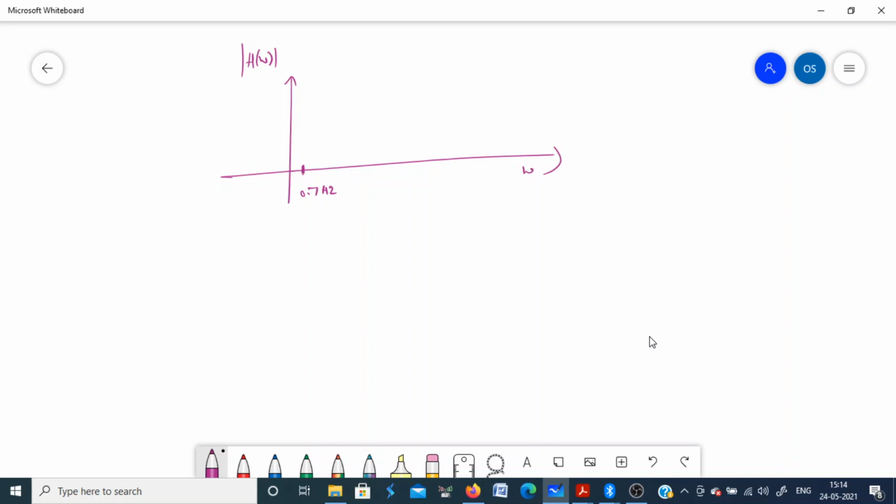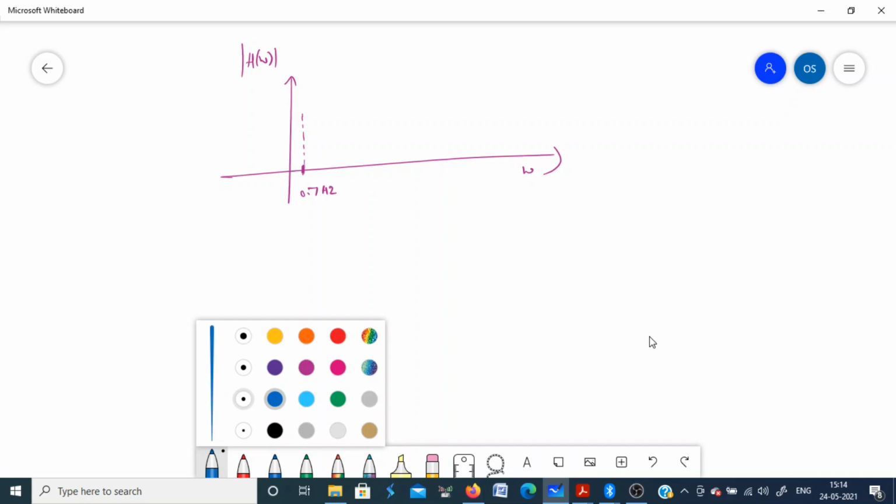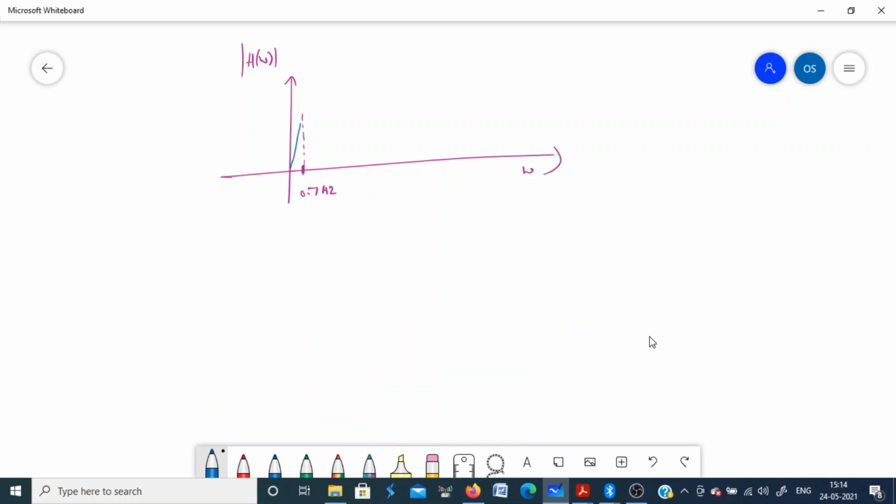So the practical response of the filter that we need should be like this. All the higher frequencies above 0.7 hertz, which is now the cutoff frequency, must be passed as they are, and the frequencies below 0.7 hertz must be attenuated.